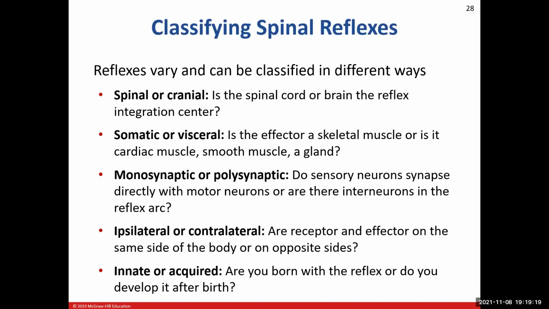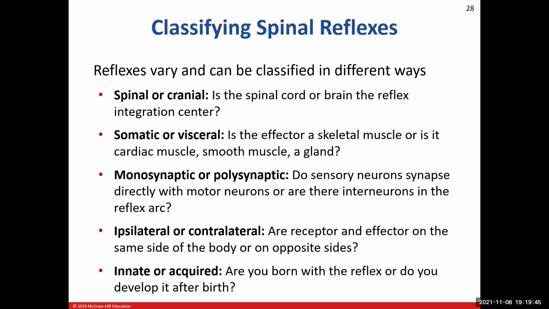A reflex can either be monosynaptic or polysynaptic. Monosynaptic means you have one synapse, so that means you have 2 neurons. A sensory neuron that directly synapses onto the motor neuron. And then polysynaptic means you have 2 or more synapses, which means you're going to deal with at least 3 neurons. Mono is 1, okay?